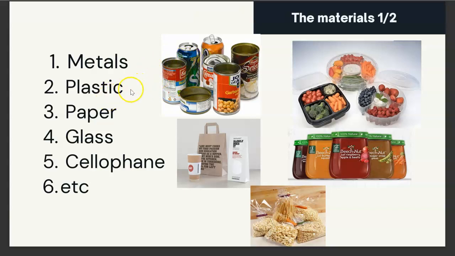The second material that's usually used in food packaging is plastic. Plastics such as PVC, PET, HDPE, and LDPE. Of course, the advantage is it's versatile. It's very lightweight, and you can customize it according to the shapes as well as the barrier properties that we will look further into after this.